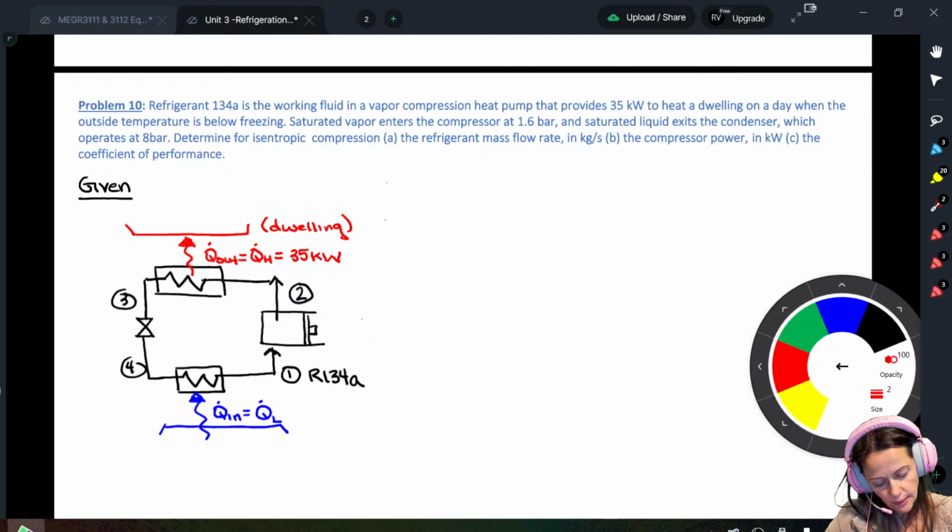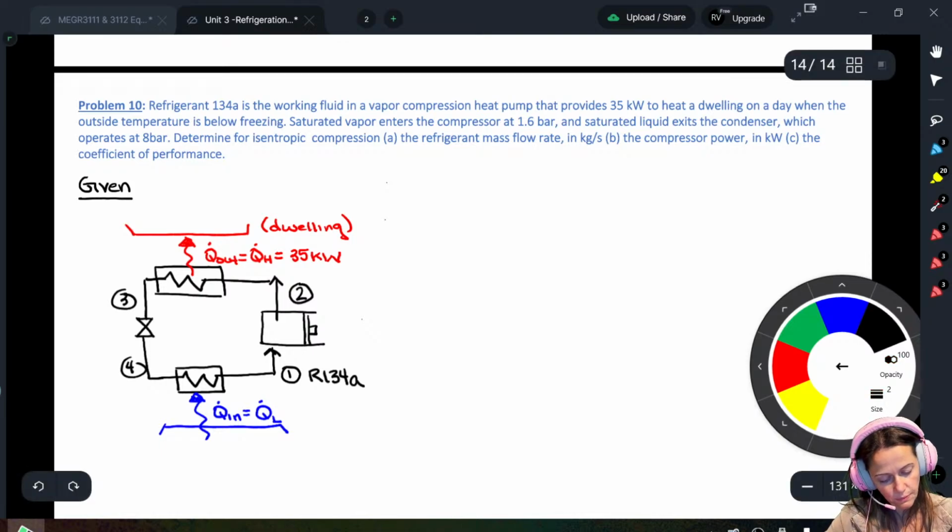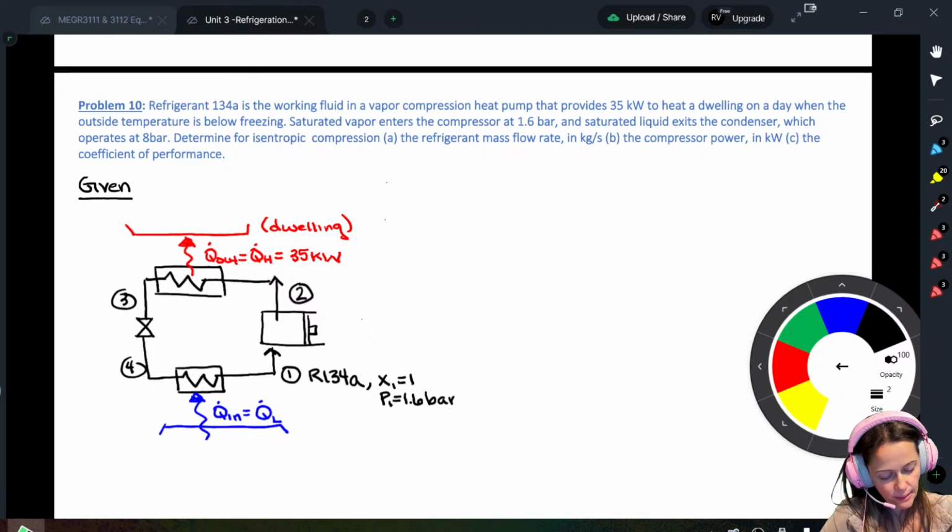On a day when the temperature outside is below freezing, saturated vapor enters the compressor at P1 of 1.6 bar. And then saturated liquid exits the condenser.